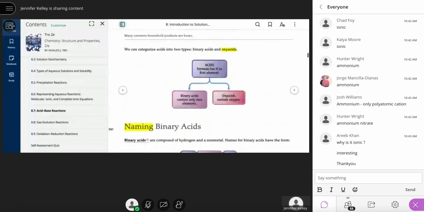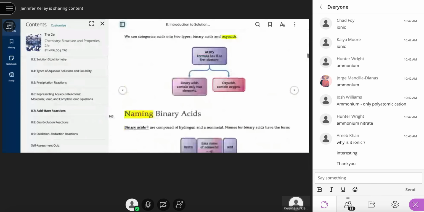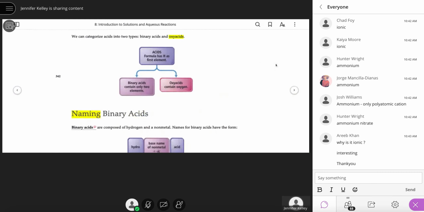When we're looking at acids, we're going to look for two things. First, an acid usually, not always, usually starts with an H. If you talk about Lewis acids, they're different, but we're just going to go with this definition. If you see an H first, it's probably an acid.